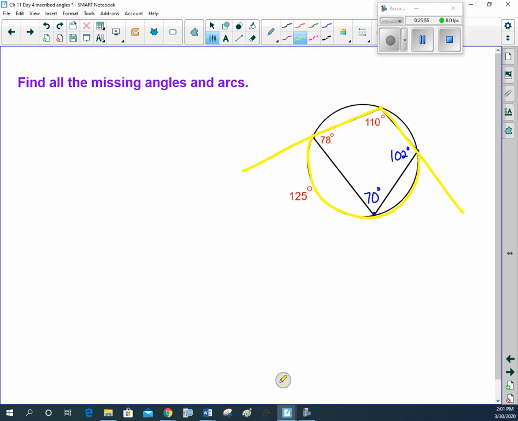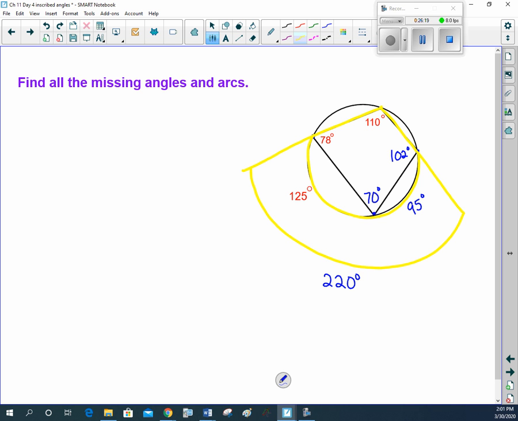So that means from here all the way over to here is 220 degrees. Now I know part of it's 125, so I guess I'm going to use 220 minus 125. And we're going to get 95. So this arc measure right here is 95 degrees.